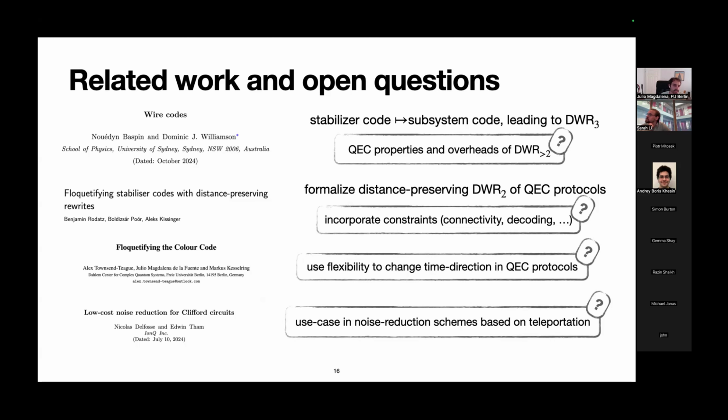There is a paper that also uses graph theoretic tools to come up with subsystem codes from potentially non-local stabilizer codes, called wire codes, by Neuden and Dom. They construct subsystem codes whose so-called gauge group is generated by operators of maximum weight 3, and they write down a measurement schedule for the stabilizers, which boils down, in my language, to a DWR of weight 3.